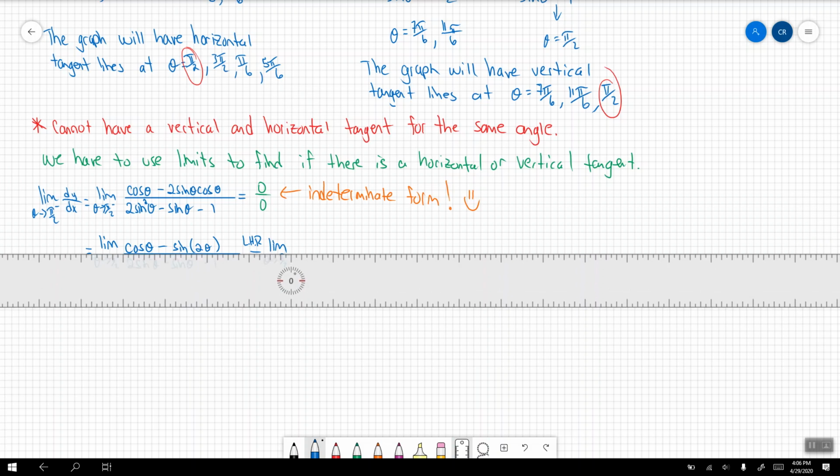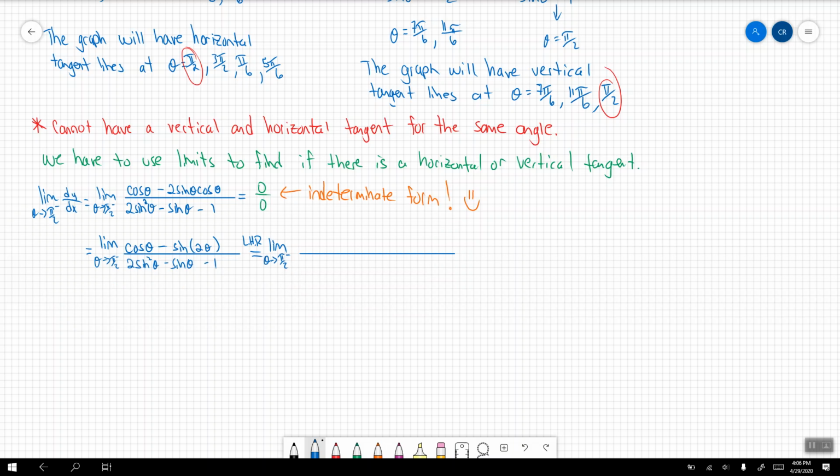So here's my limit again. Pay attention to how we write the limits. We don't just drop the limits, we keep writing them as we're taking this. Apply L'Hopital's rule. The derivative of cosine is negative sine, so that's negative sine theta. The derivative of negative sine of 2 theta is cosine of 2 theta multiplied by the derivative of the inside, which is 2.